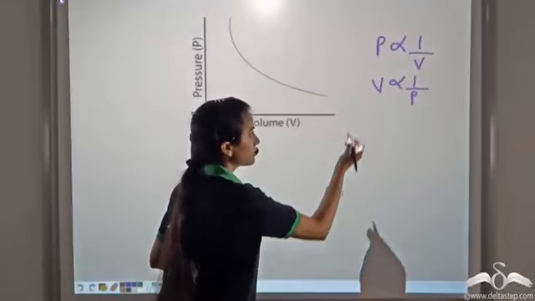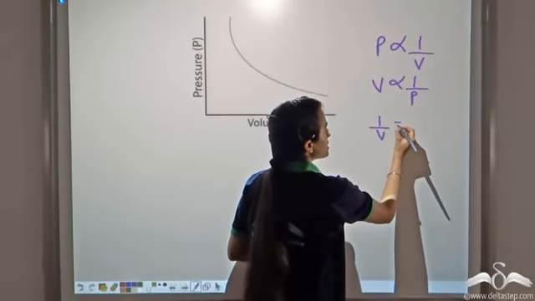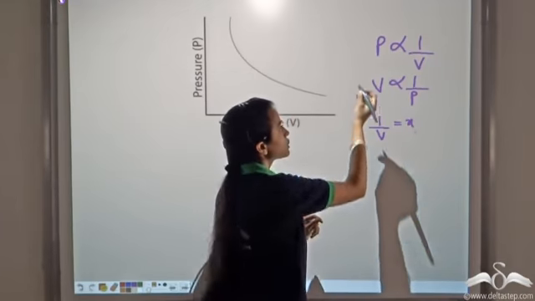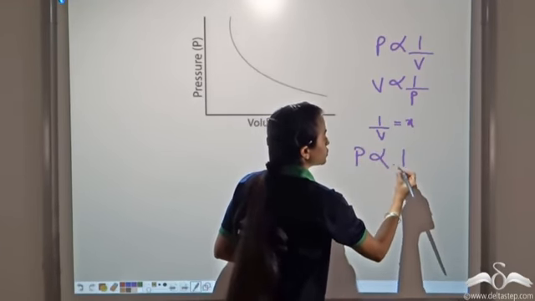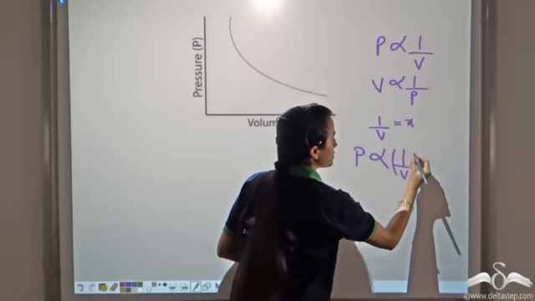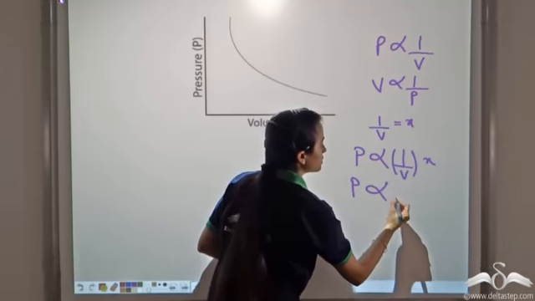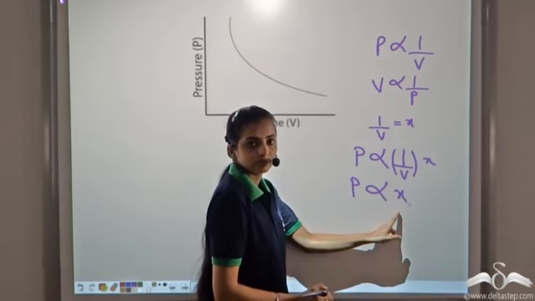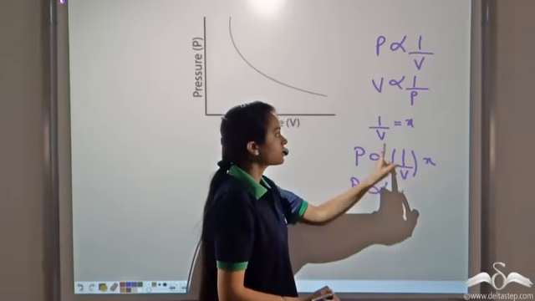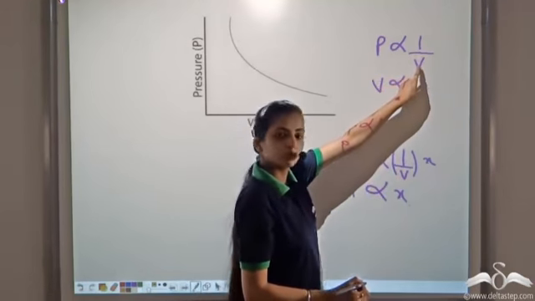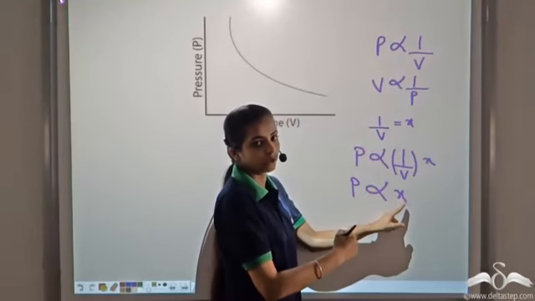Now let's say this 1 by V is X. So we get that pressure is directly proportional to 1 by V, which is X. So pressure is directly proportional to X, and over here, X is 1 by V. So pressure is inversely proportional to volume and pressure is directly proportional to 1 by volume.